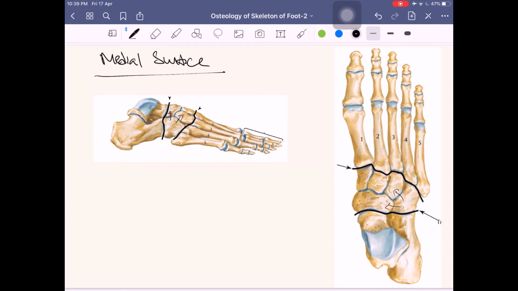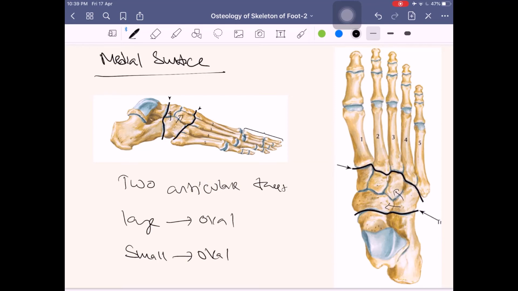We know the medial surface is bearing two articular facets. One is a large facet, which is oval in shape. Another one is a small oval facet.